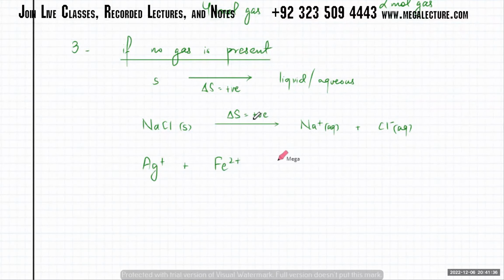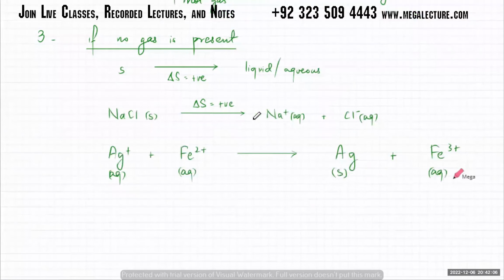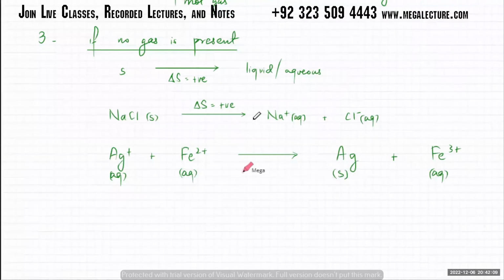The Ag+1 gains electrons and becomes Ag solid. And the Fe2+ loses electrons, becomes Fe3+. So this is aqueous, this is aqueous. This is also aqueous. Now this one is a solid. So what's happening is that the number of aqueous particles are decreasing. So that is delta S negative.